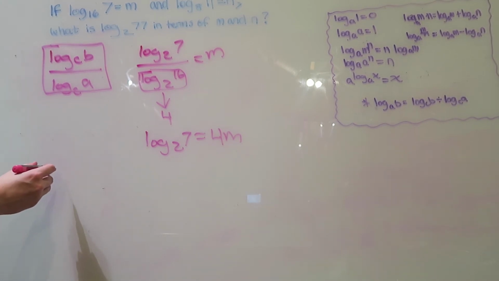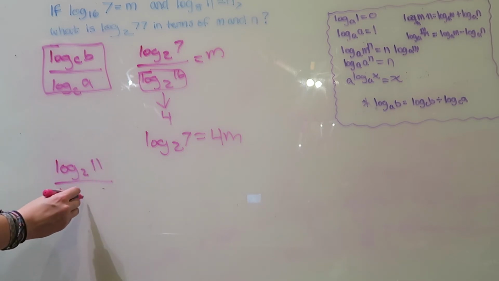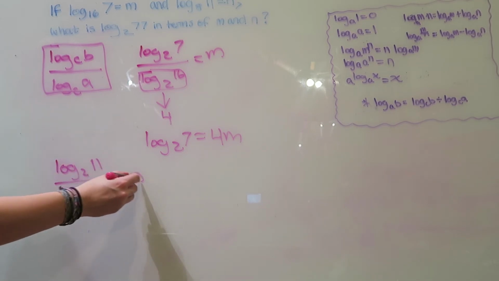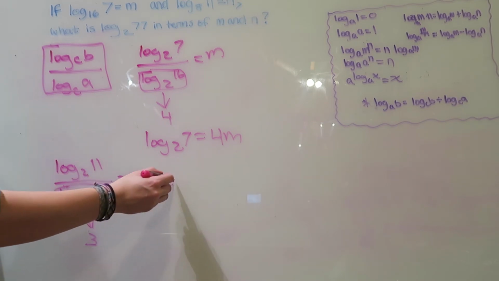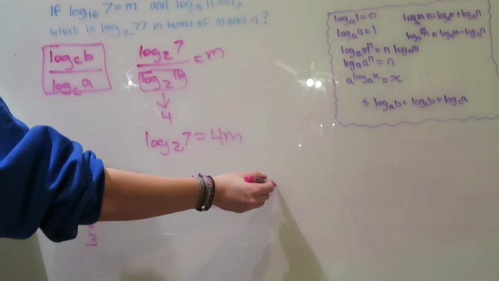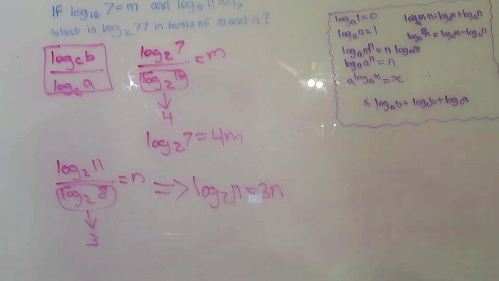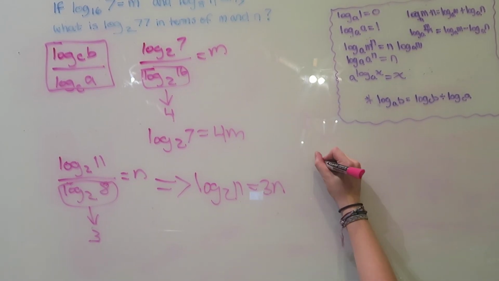To change log base 8 of 11 into a base of 2, we'll need to do log base 2 of 11 divided by log base 2 of 8, which is the same thing as 3. So then the entire equation is equal to log base 2 of 11 equals 3n. But how does this fit into log base 2 of 77? We're going to have to manipulate the equation a little bit.